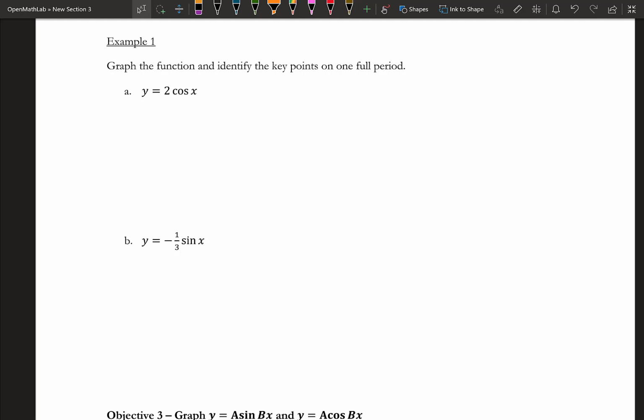All right, so let's work through an example. What we want to do is graph the function and identify the key points on one full period. So part A, I have the function y equals 2 cosine of x. So let's start by just making a t-chart.